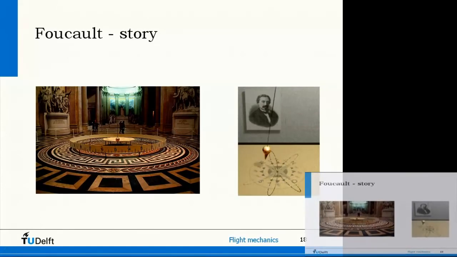But the idea is that if you were on the North Pole, if this is the Earth, and it's rotating around like this, and you put some device here with a pendulum which is going back and forth, then as the Earth is rotating around, you would notice that if you wait long enough, you actually see what's on the right here.